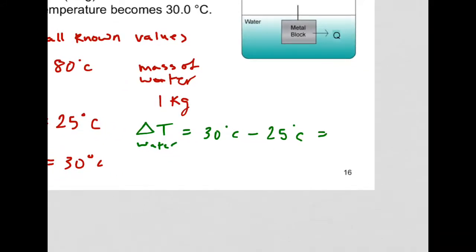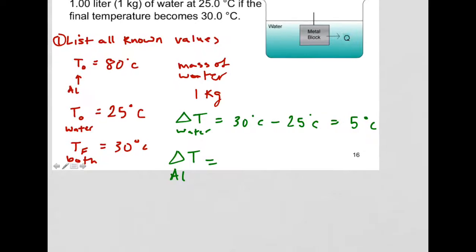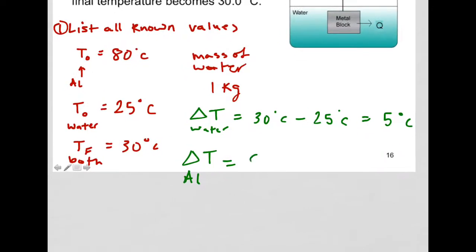So delta T of water, delta capital T, is just 5 degrees Celsius. Delta T of the aluminum is 80 degrees Celsius minus 30. Final minus initial. It actually doesn't matter. We're just going to make it positive.